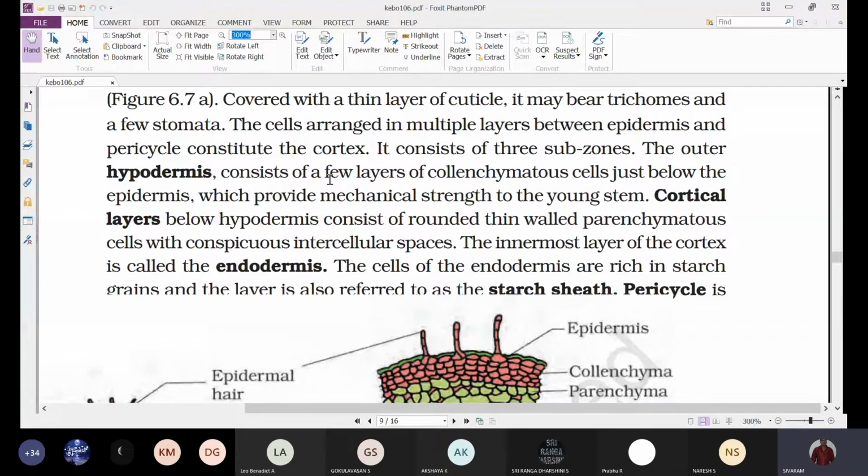So the general cortex is divided into the hypodermis, the cortex, and the third one is the endodermis, the innermost layer of the general cortex.